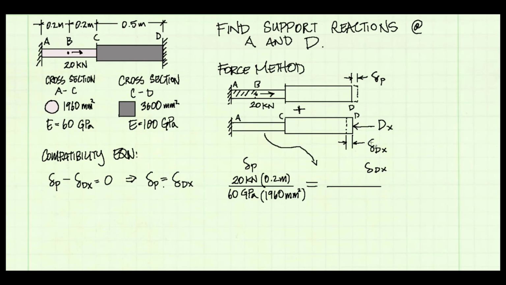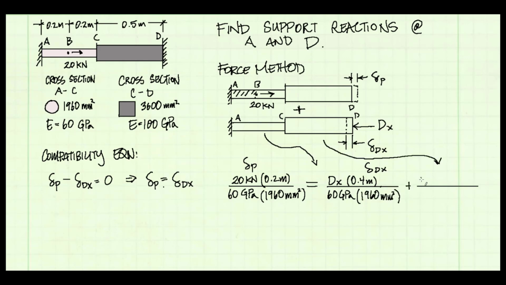The internal force is just going to be the force Dx, which is unknown at this point. And the length is the full length of the member, so that's 0.4 meters. That's the full length of member AC. Its modulus of elasticity is 60 gigapascals, and its area is 1960 millimeters squared.